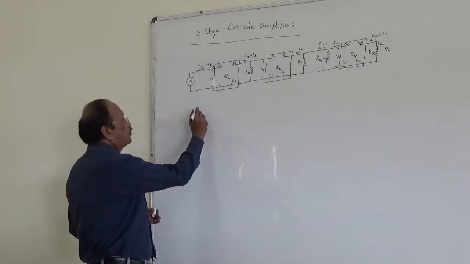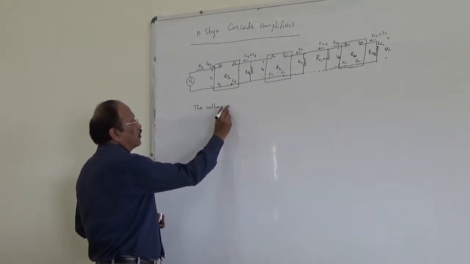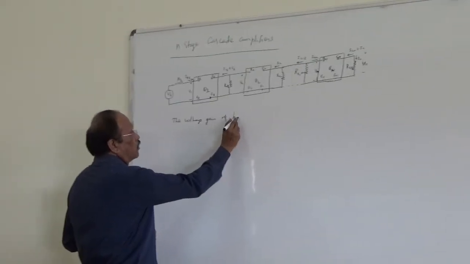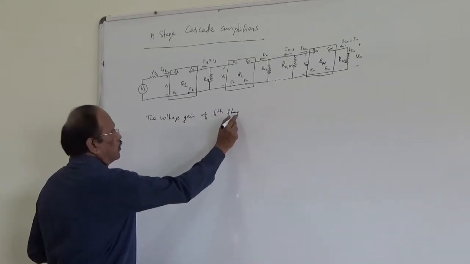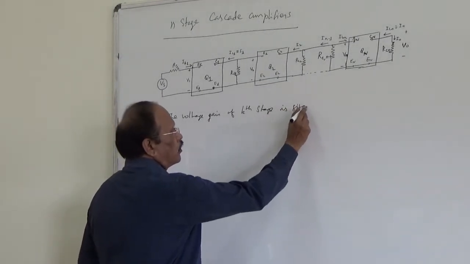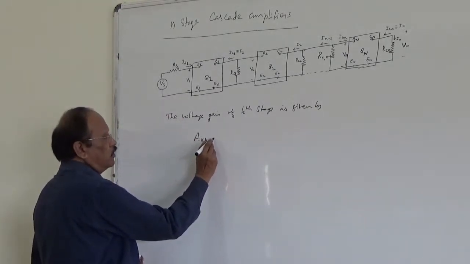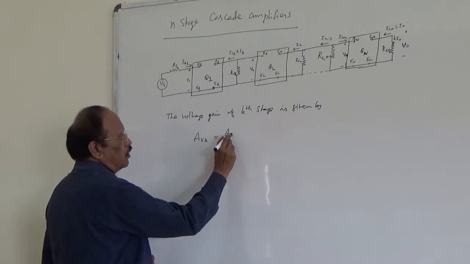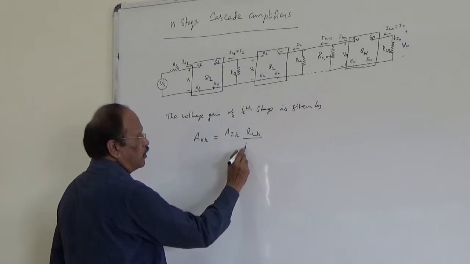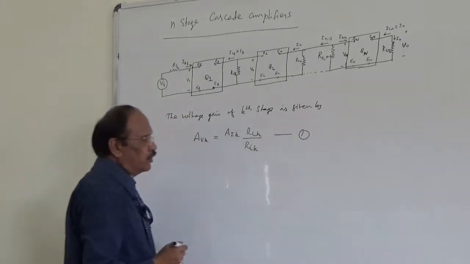So for example, the voltage gain of this stage is given by AVK is equal to AIK into RLK by RIK. You can take this as equation number 1.